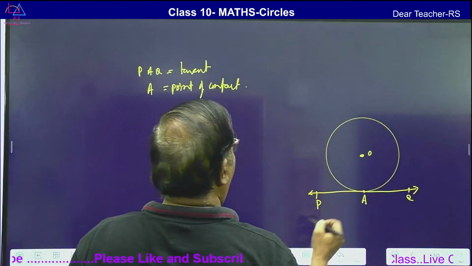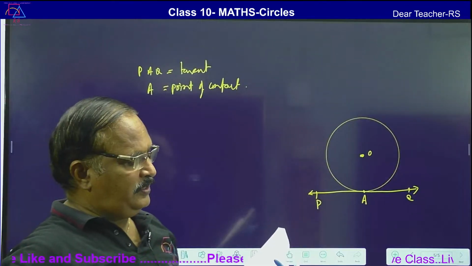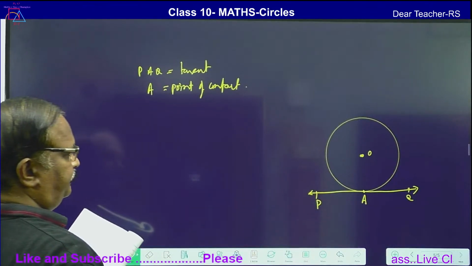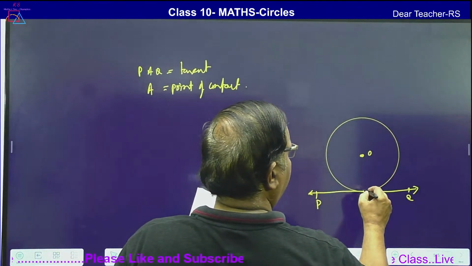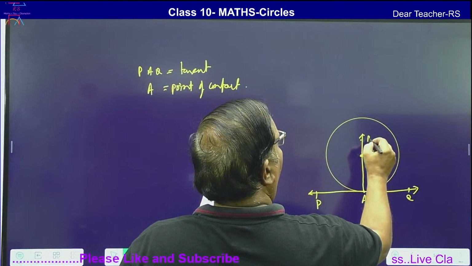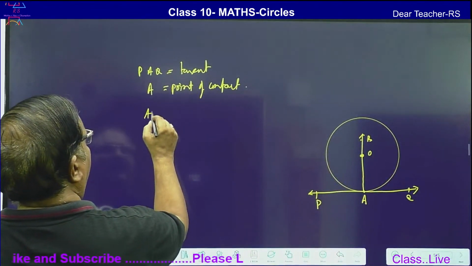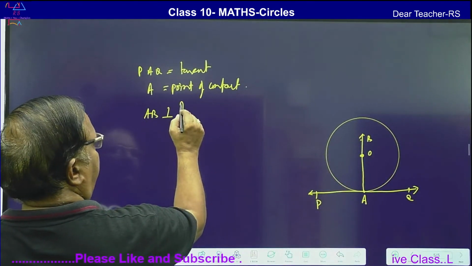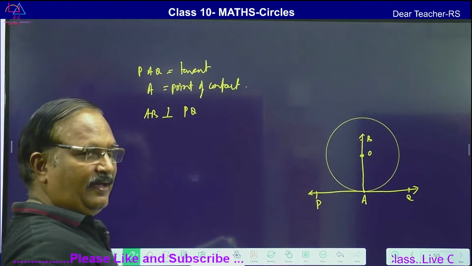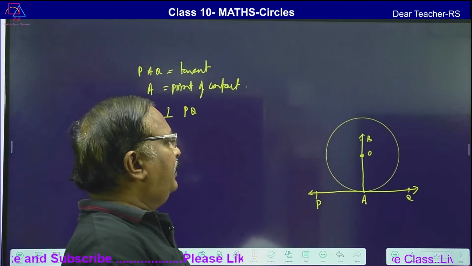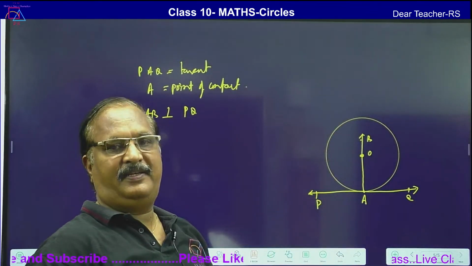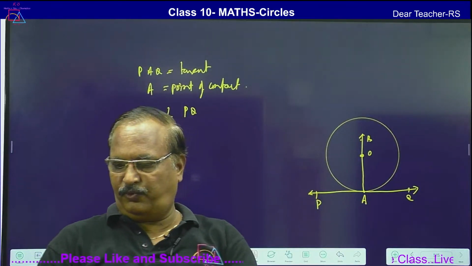Now draw the radius. What we have to do is draw the perpendicular at A. AB is perpendicular to PQ. You can have simply OA also. So this AB passes through the center. This is what we have to prove.